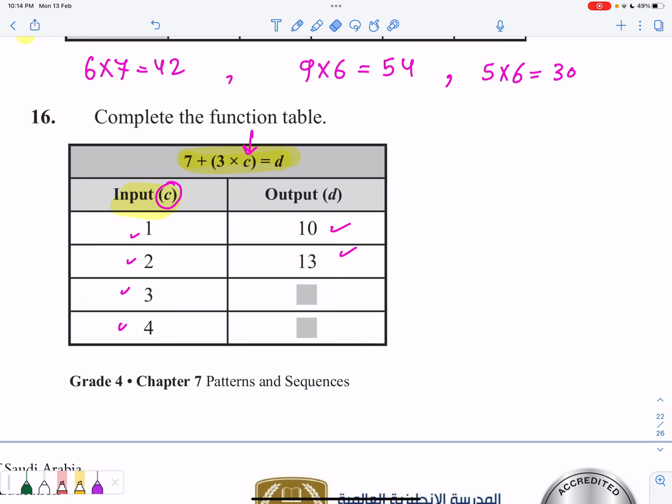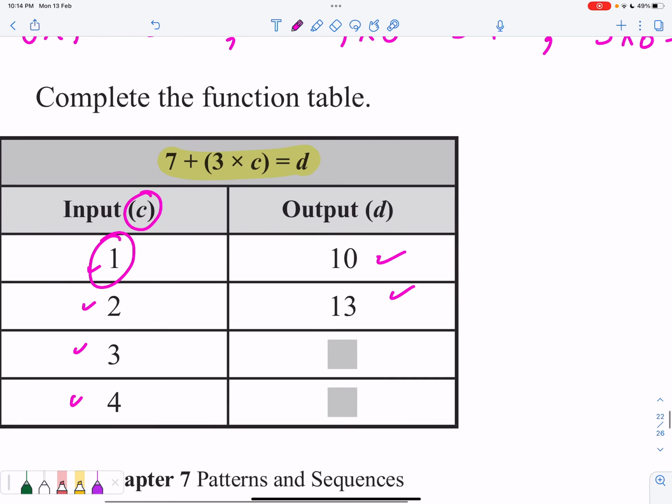So he started and took the first input, which is 1. He put the 1, which is the c, in here. Then he just calculated that. So we always, of course, start with parentheses. So he said 3 multiplied by 1, that is equal to 3. Then he added 7. So 3 plus 7, he got 10.